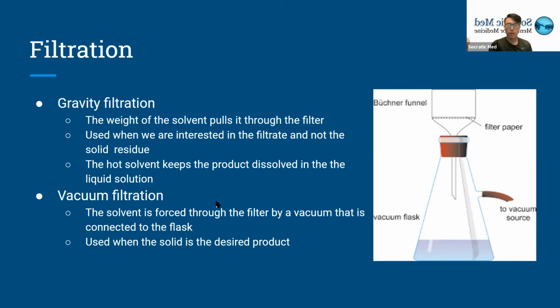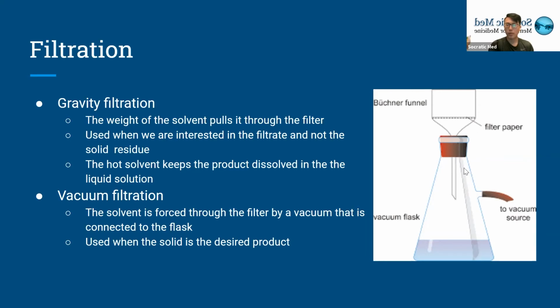Next, vacuum filtration. This is the picture on the right. This is used with a vacuum, so the solvent is forced through the filter by a vacuum that is connected to the flask. This is used when the solid is the desired product. You use vacuum filtration because the vacuum will suck as much of the fluid from that filter.